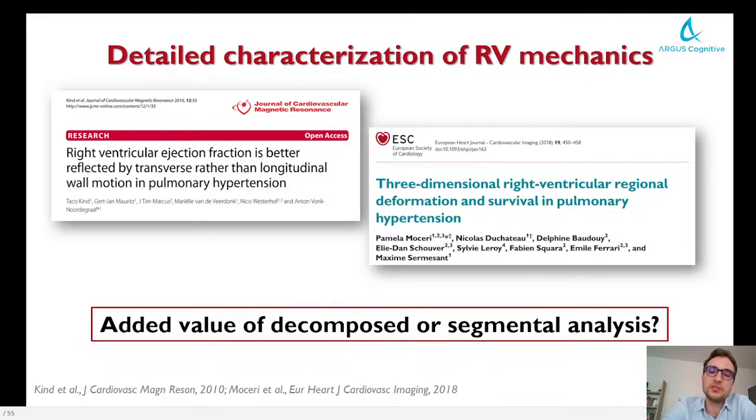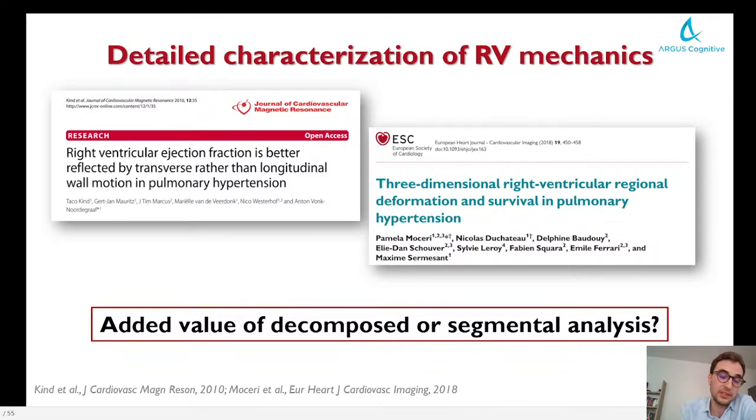Moreover, three-dimensional imaging gives us the opportunity to perform a detailed characterization of the right ventricle mechanics. We have some preliminary data which reflect that this approach is absolutely feasible. In an early cardiac magnetic resonance study, the right ventricular ejection fraction was better reflected by the transverse motion rather than the longitudinal motion in pulmonary hypertension.